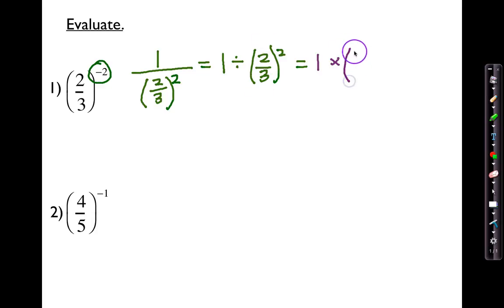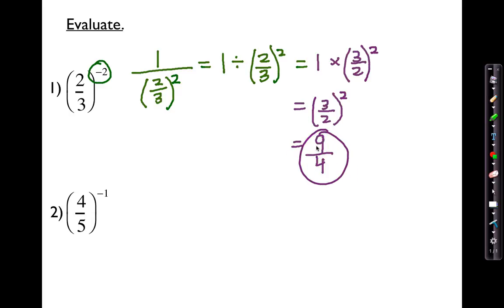So instead of 2/3, we're going to do 3/2 squared. This answer is going to be in exponential form. It's just going to be 1 times 3/2 squared. Yes, I still need the parentheses. Then if I evaluate it, that means 3/2 times 3/2, which becomes 9/4. That would be my answer. Now go ahead and pause the video and try number 2 on your own.